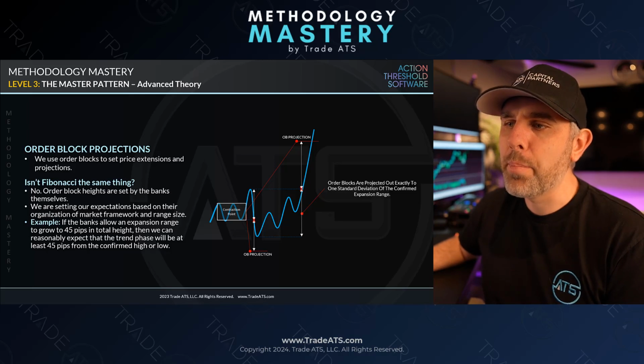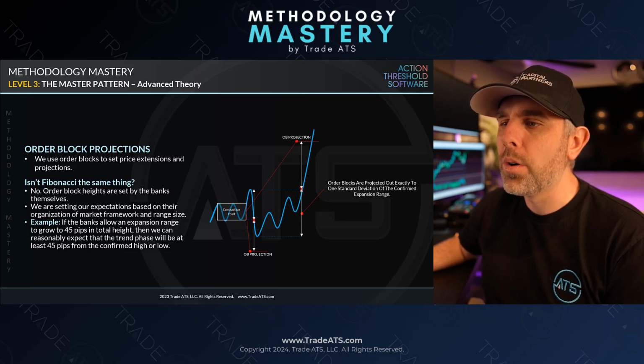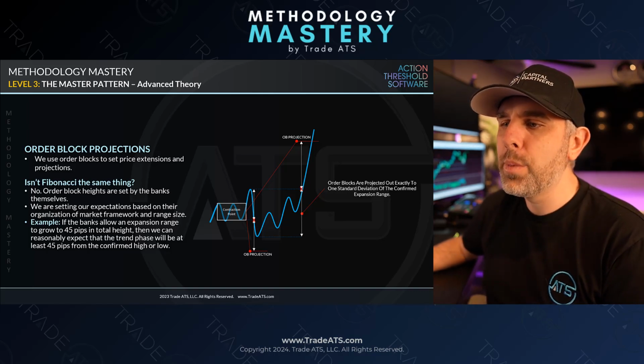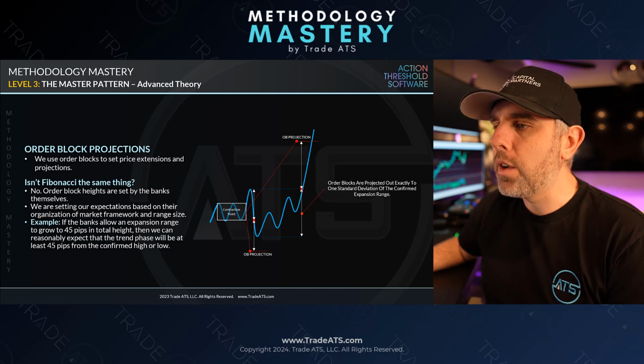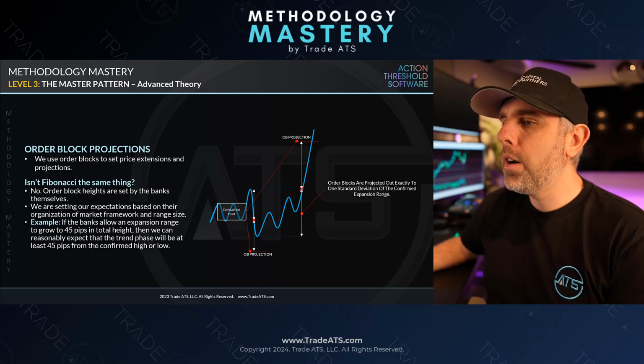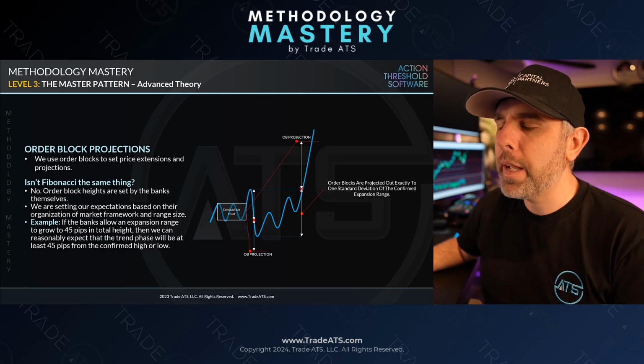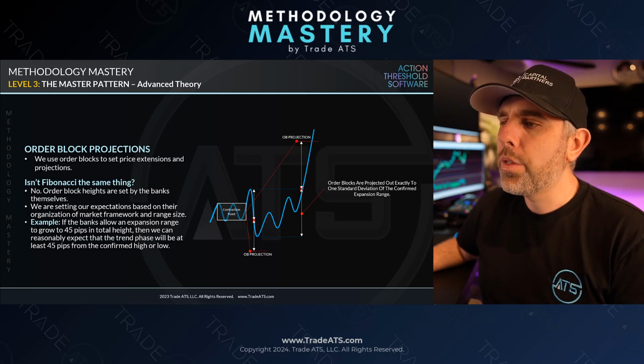So an example is if the banks allow an expansion range to grow to 45 pips in total height, then we can reasonably expect that the trend phase will be at least 45 pips from the confirmed high or low. So in our example, you can see we have the typical contraction, multi-leg expansion. So as we go through, you can see that we have the swing low and the swing high point on the last part here.